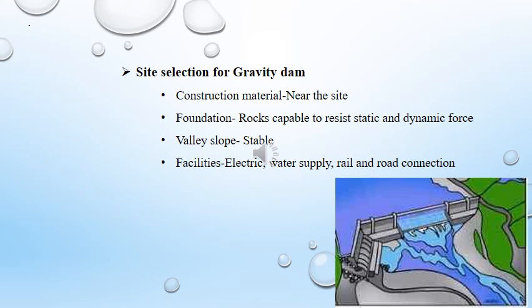The abutment slope and valley slope should be stable, a suitable location for the spillway and powerhouse should be available, and facilities like electric and water supply lines, road and rail communication should be available near the construction site.